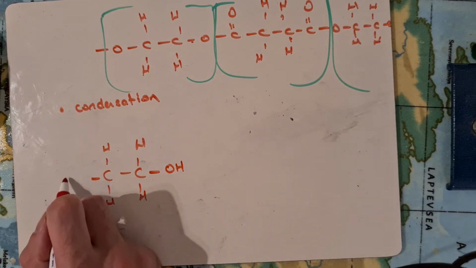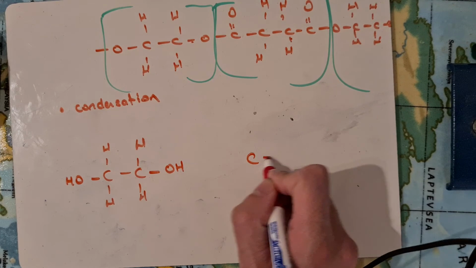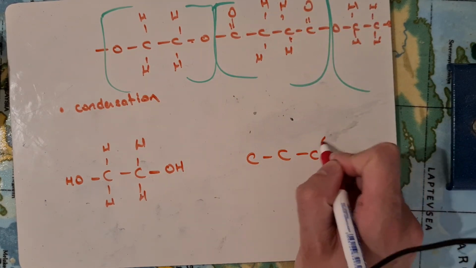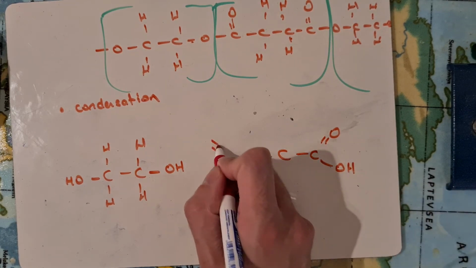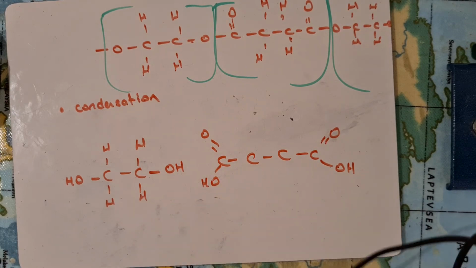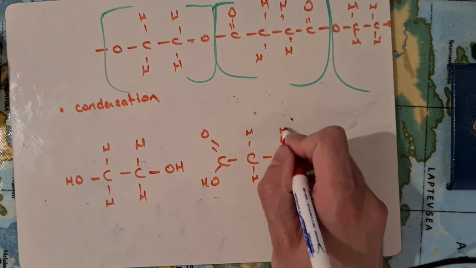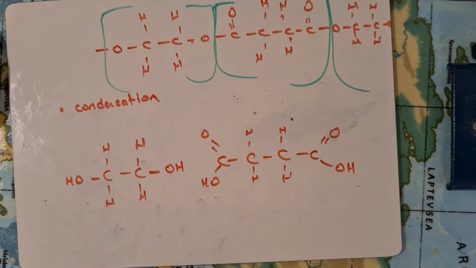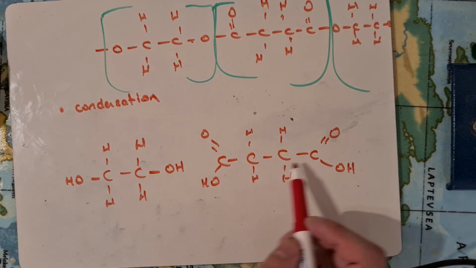So that will be our alcohol group. And this one was into the carbonyl side of the ester. So that will reform as our carboxylic acid group. And here we have 1,2-ethanediol and butandioic acid.